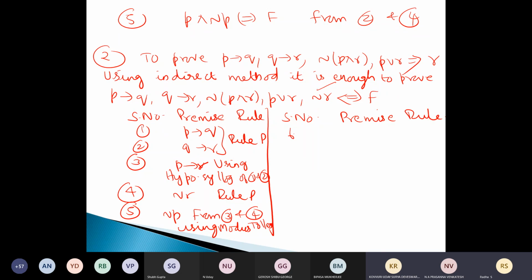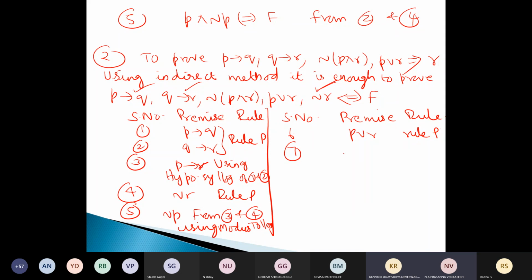Then think and say. Next, what you have to use? Look into the thing. We have used all these things already. These three we have used. We are left out with two. Which one we can use? P or R. Sure. Okay. Then, shall we use 5 and 6? We'll get R, ma'am.